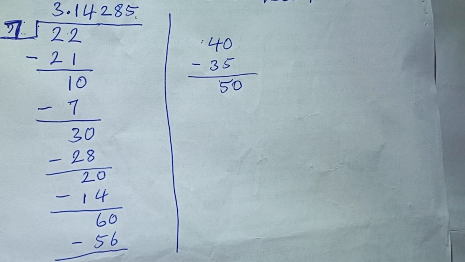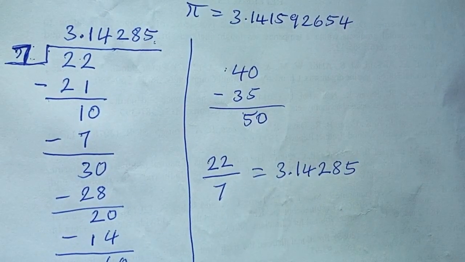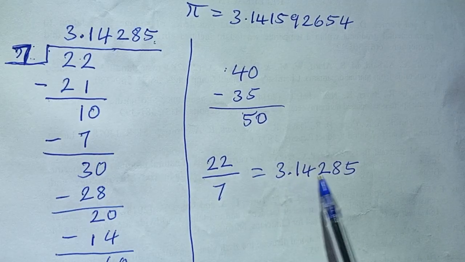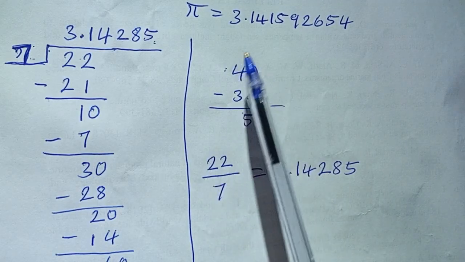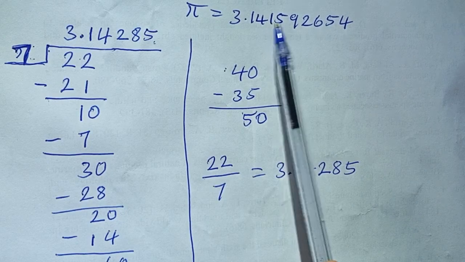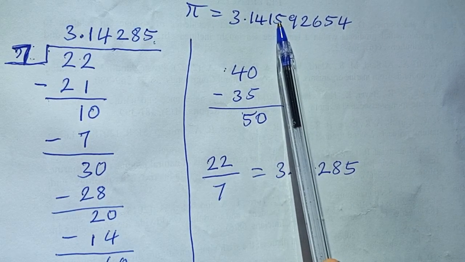Now let's compare this value to the value of pi. Have you seen it? They are not the same. That is why sometimes we take pi to be 3.142. If we take pi to be 3.14, this should be 2 because we round up this 5.